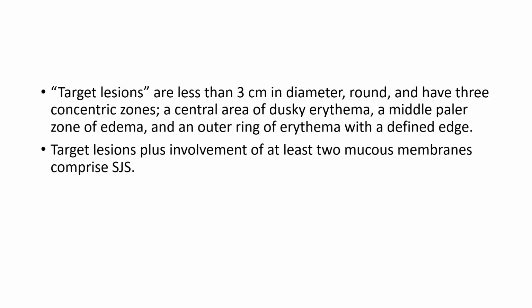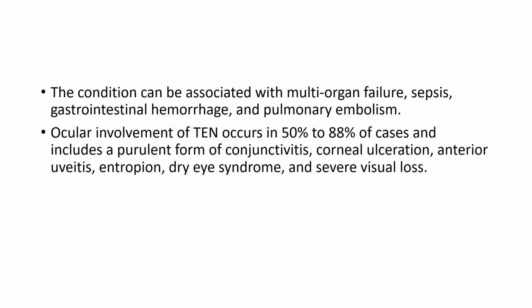Target lesions are less than 3 cm in diameter, round, and have three concentric zones: a central area of dusky erythema, a middle paler zone of edema, and an outer ring of erythema with a defined edge. Target lesions plus involvement of at least two mucous membranes can comprise the diagnosis of Stevens-Johnson syndrome.